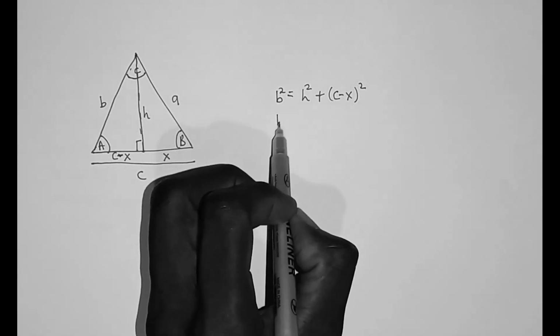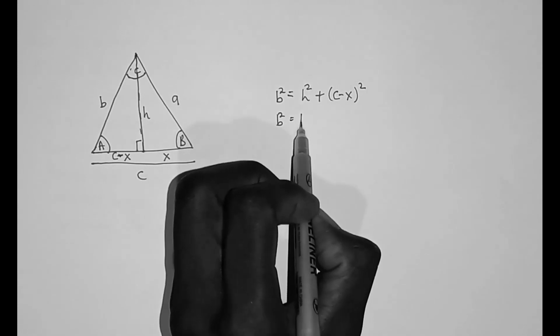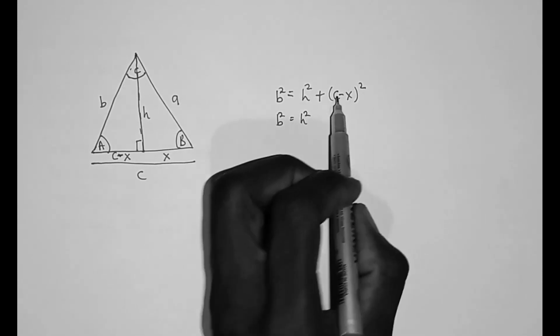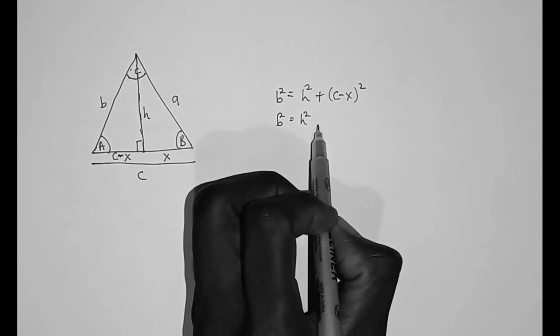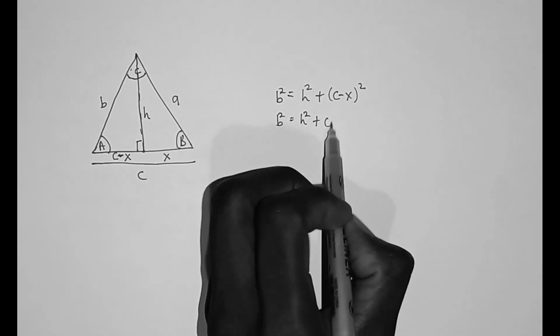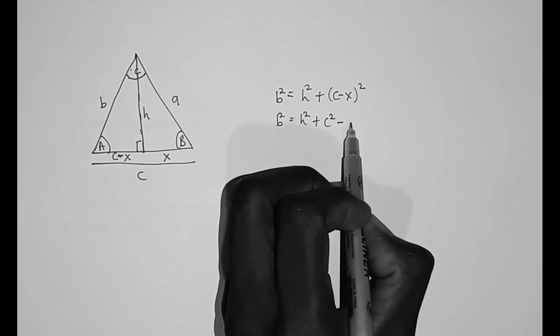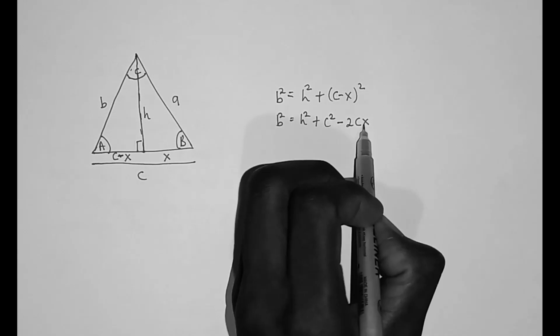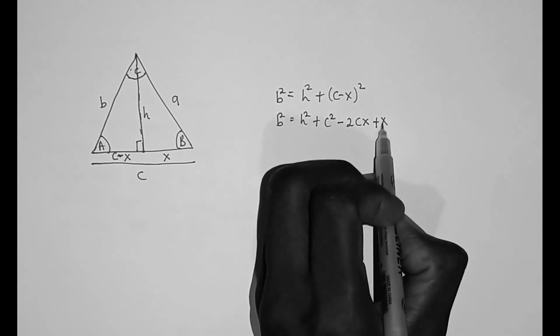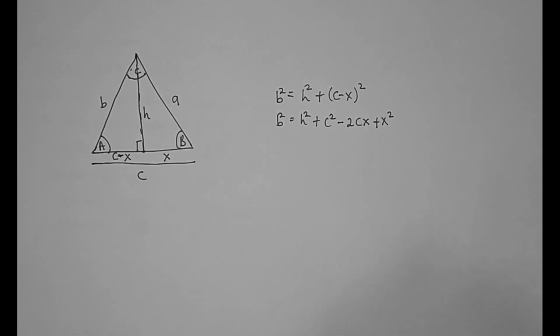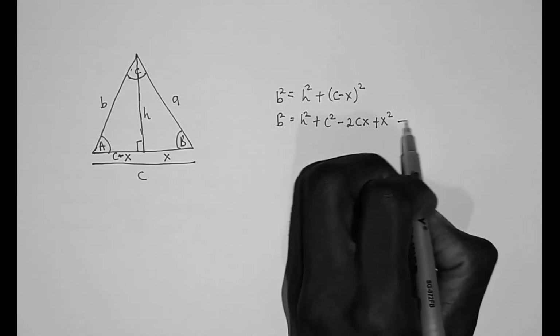So b squared is equal to h squared, then let's expand this part: plus c squared minus 2 times c times x, then plus x squared. So this is our equation 1.